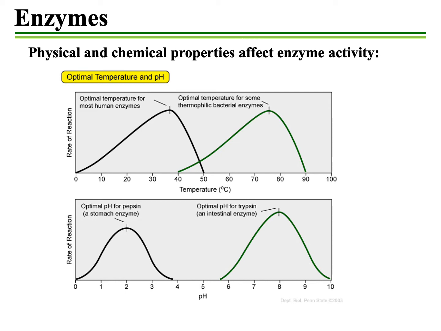the stomach. And what do we know about the pH of the stomach? Well, the pH of the stomach is extremely acidic. So an enzyme that's found in the stomach needs to be able to withstand the pH found in the stomach to remain active and functional. On the far right then of that graph, with the green curve, you see another digestive enzyme known as trypsin, and trypsin is found in the intestine.